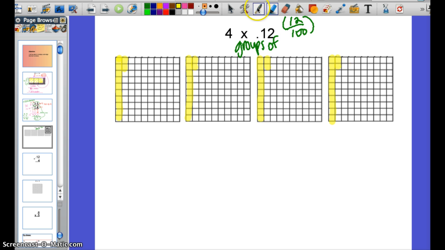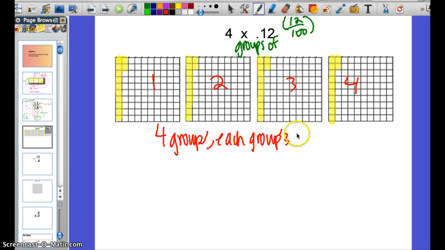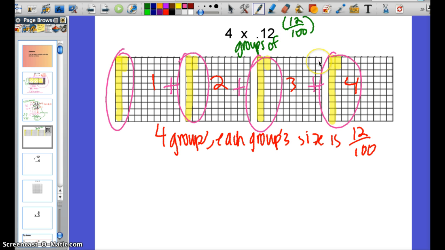So this is 4 groups, 1, 2, 3, 4, and each group's size is 12 hundredths. So now what you would do is think about what would your product be if you were to add these values, repeatedly add these values.